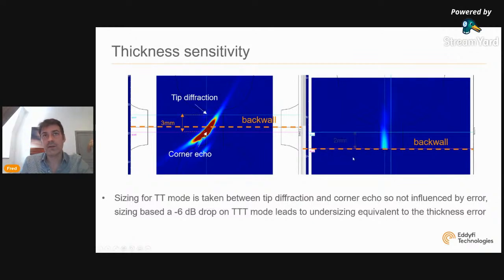So if I now use a 6 dB drop, I'm only sizing at 2 millimeter. So essentially, I'm making an error which is the same as the error I'm making on my thickness measurement. So you see that when you do corner mode, it is very important to input the perfect thickness of your component.